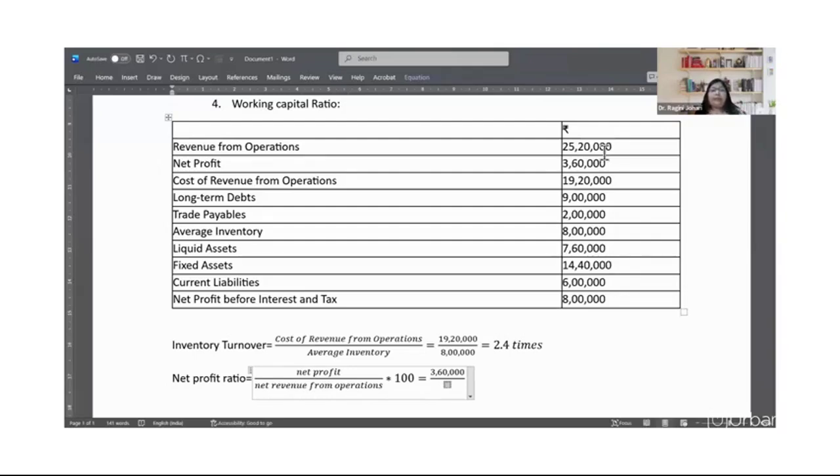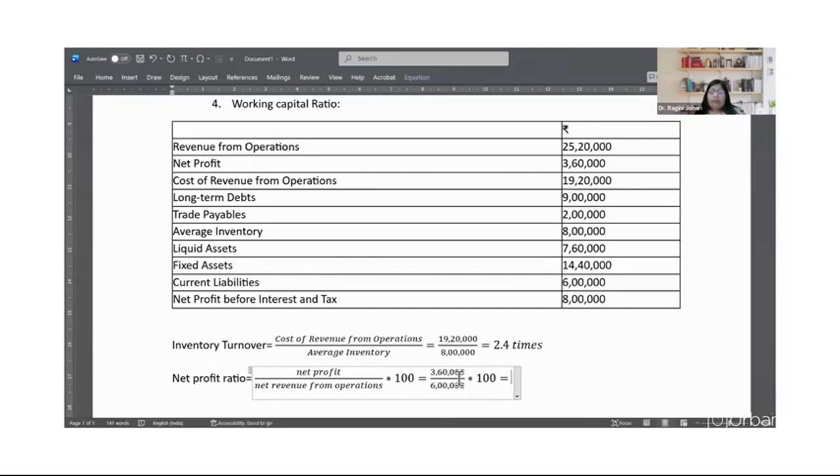This comes to 6 lakhs into 100. Right? So now, if we calculate this, how much do we get? Let's do the quick calculation here.